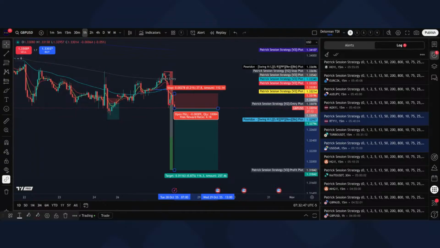Entry at 33,005. 32,283. 28 pips. And take profit at 31,842. That's 416 pips.